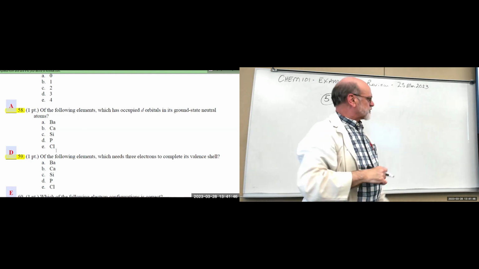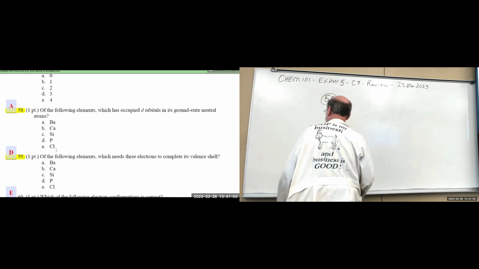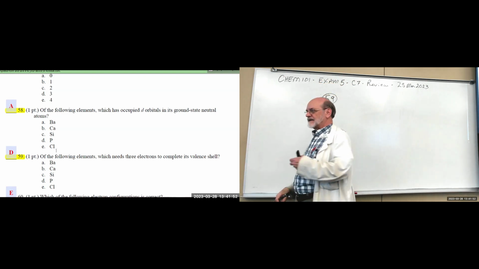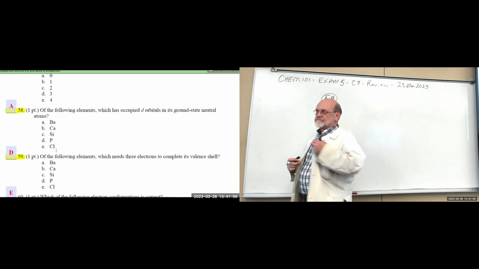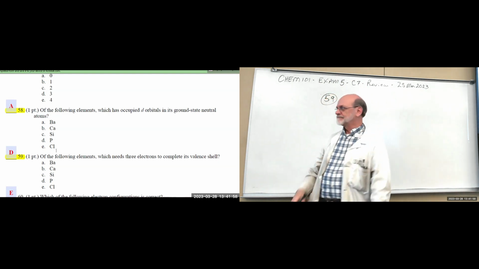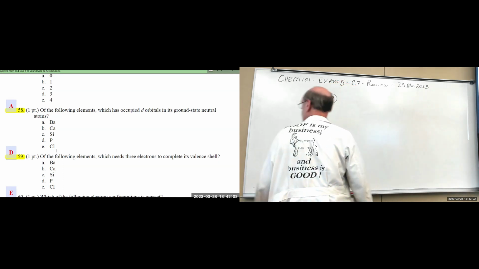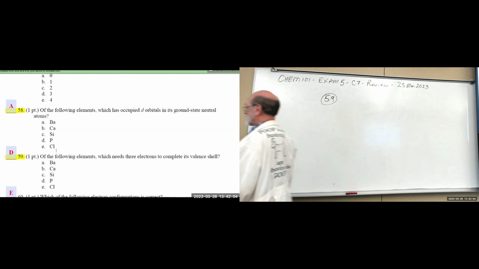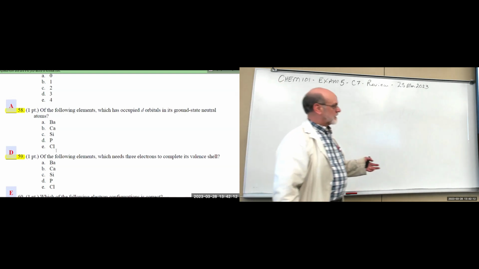Of the following elements, which needs 3 electrons to complete its valence shell? To complete its valence shell. That's another tricky question. Well, barium would either have to go all the way across here or back up 2. So it can't be barium.